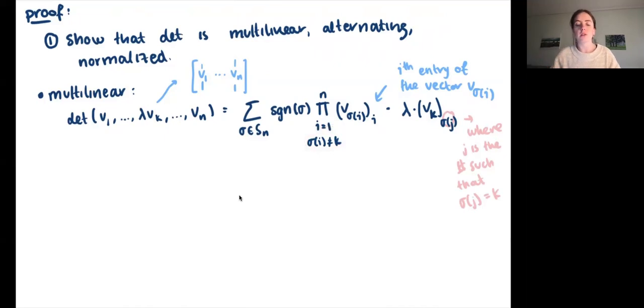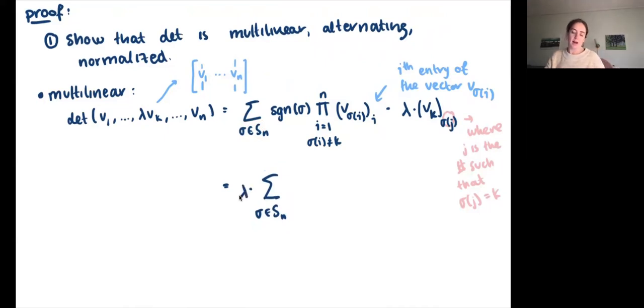That was a little bit cumbersome to write out, but it's not so bad. So we can rewrite this as the sum over sigma in Sn. And this lambda is independent of any of these sigmas, right? So I can fully pull out the lambda from this sum.